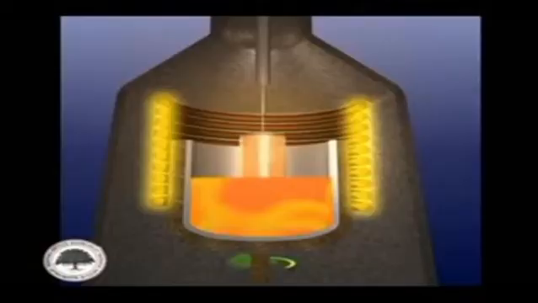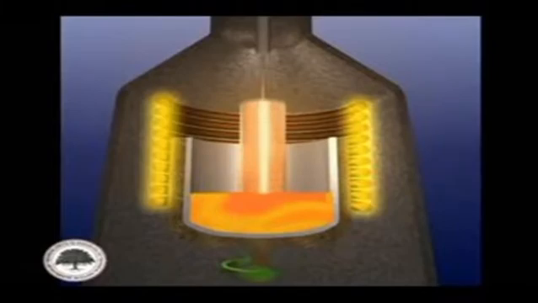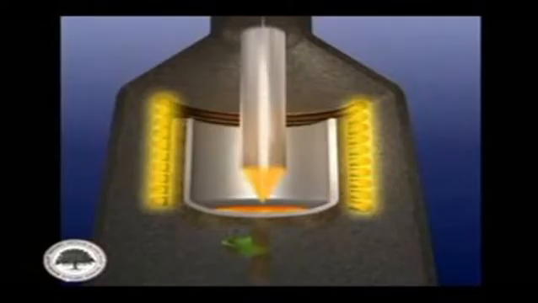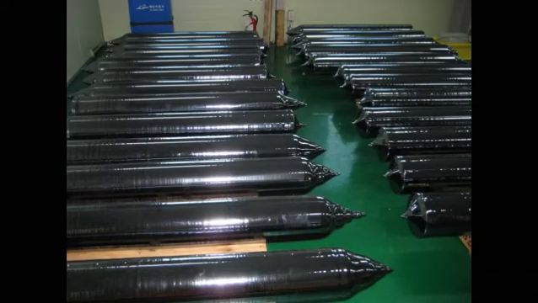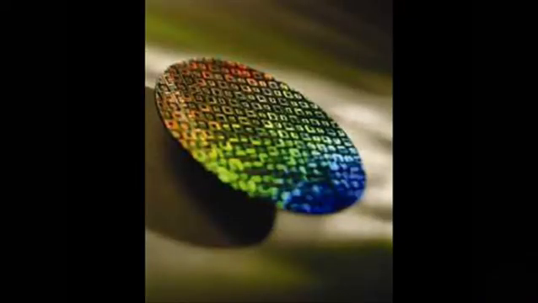Then the seed is pulled with simultaneous rotation of the seed rod and the crucible in order to grow a perfect single crystal. The CZ method is the most important method in the production of ingots or bulk single crystals of a wide range of electronic and optical materials such as silicon wafers.